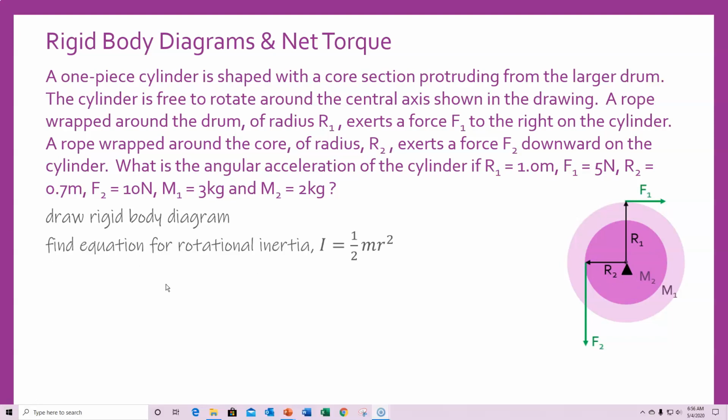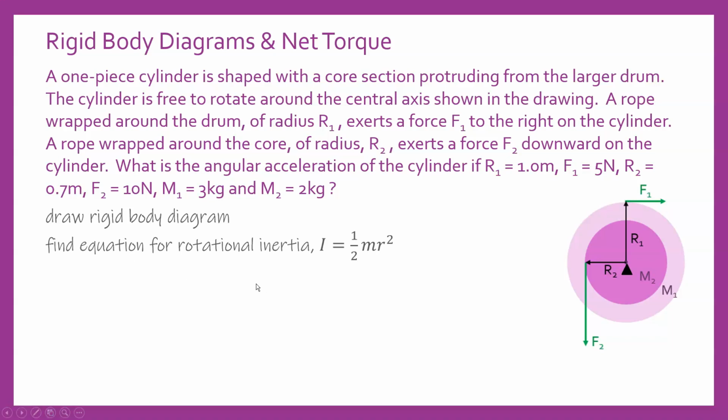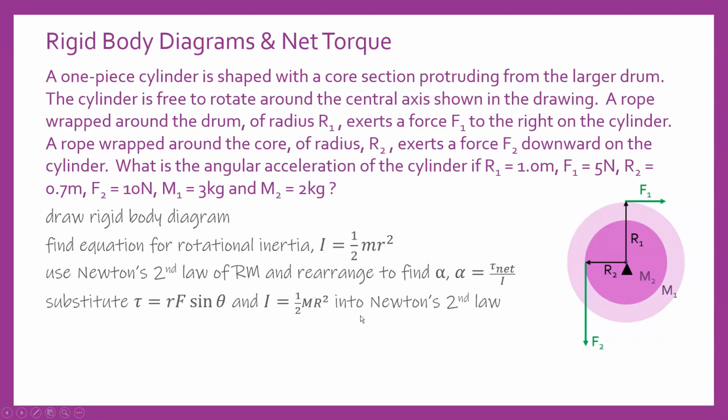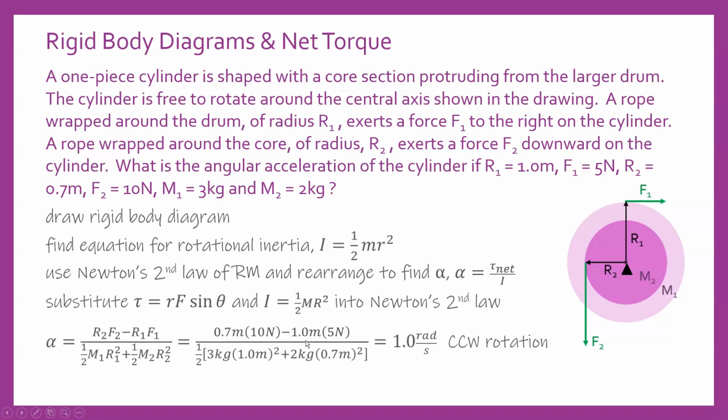Next, we need to find the equation for rotational inertia of a solid cylinder about its symmetry axis. Then we need to use and rearrange Newton's second law. We need to substitute our expression for torque and our expression for rotational inertia.